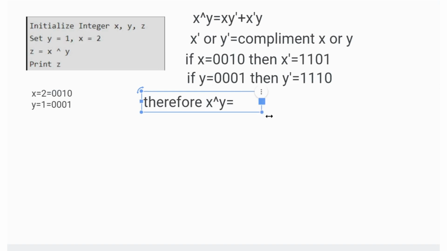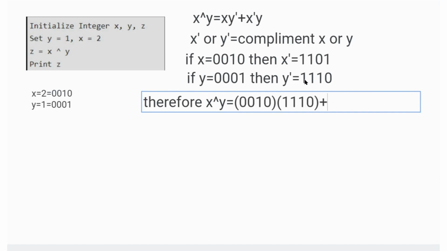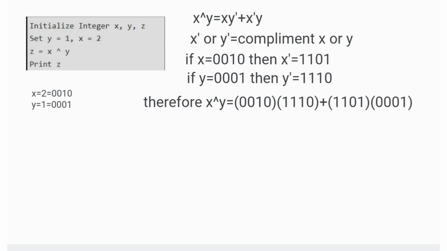Now therefore x XOR y will be equal to x, which is 0 0 1 0, and y bar, which is 1 1 0, plus x bar, which is 1 1 0 1, and y, which is 0 0 1.